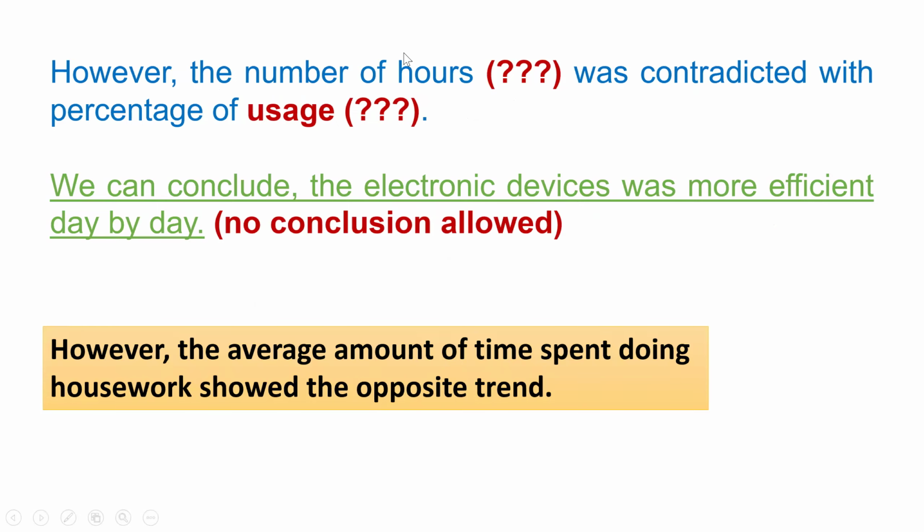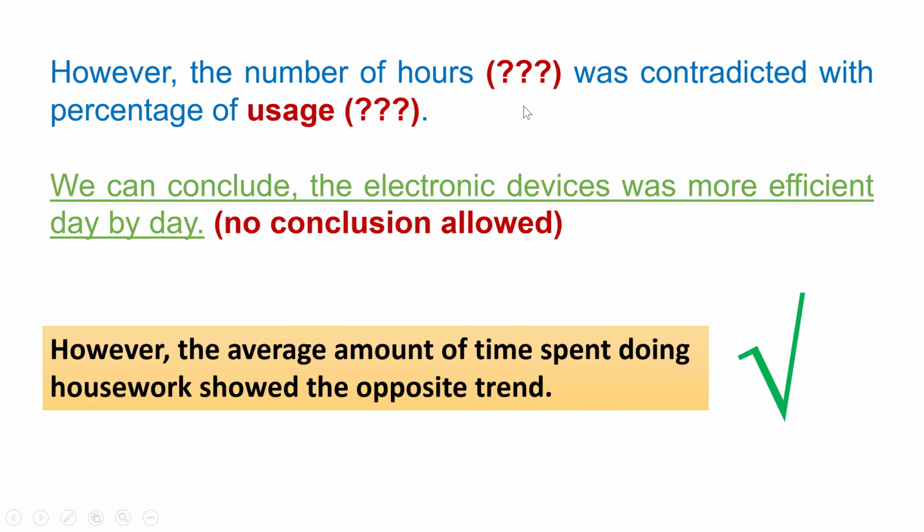however, the number of hours, bla bla bla, the number of hours. Nah, ini kan sebenarnya, ya, I do understand what does it mean. Jumlah waktu atau jumlah jam. Jumlah jam apa? Jumlah jam yang digunakan apa? Digunakan nontonkah? Atau digunakan apakah?